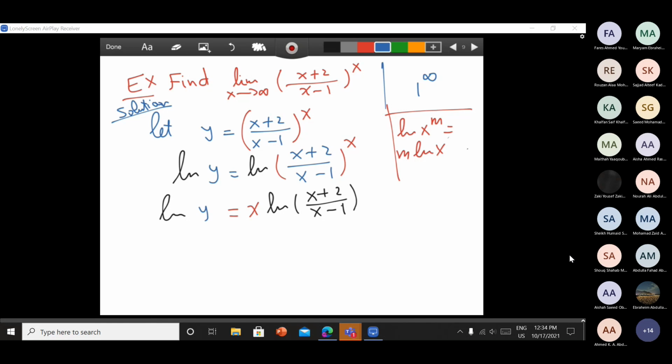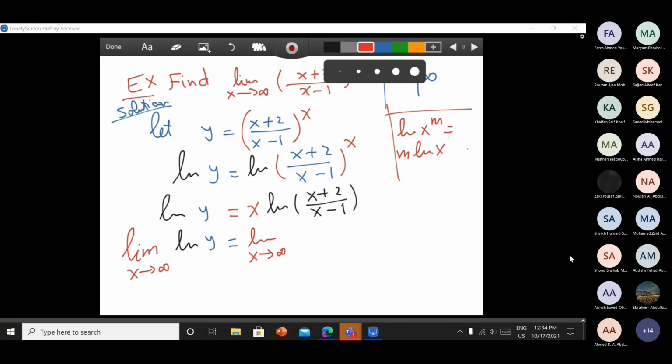Now I will take the limit for both sides. You have to distinguish between the ln and the limit. This is the limit. I'll make it in red. The limit when x tends to infinity for ln y will equal the limit when x tends to infinity for x ln of x plus 2 over x minus 1. Again, I should make this one a fraction, so I can get this x down by making it 1 over x, right?